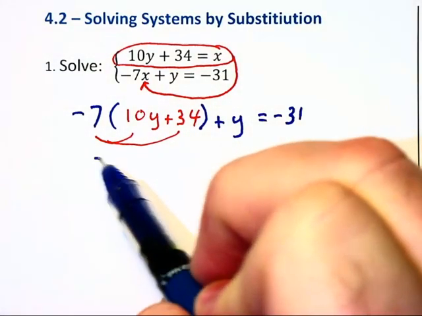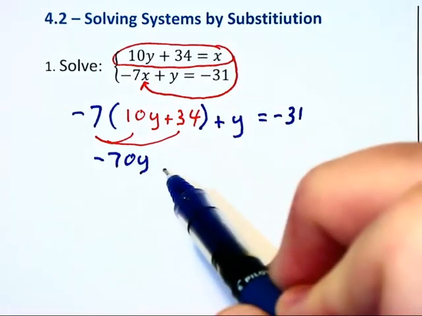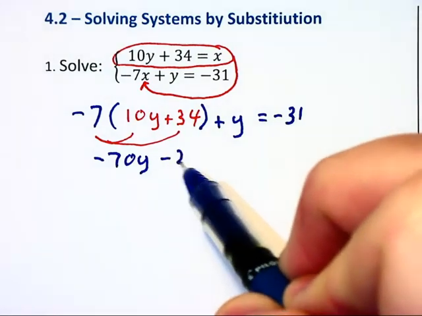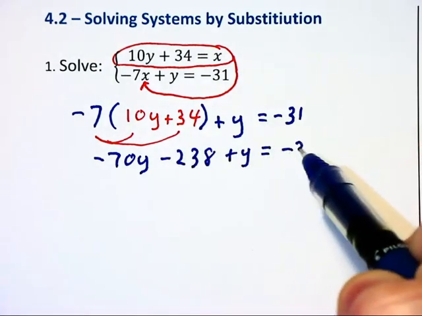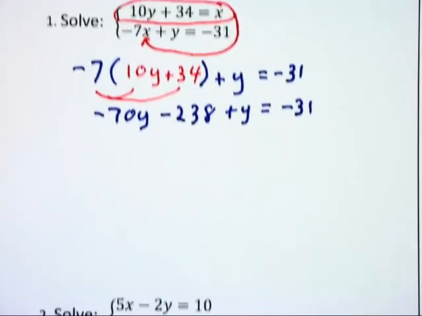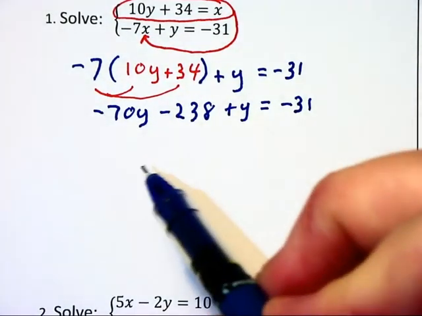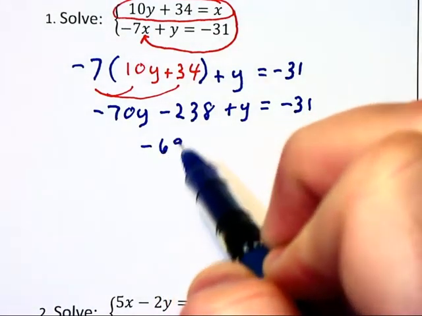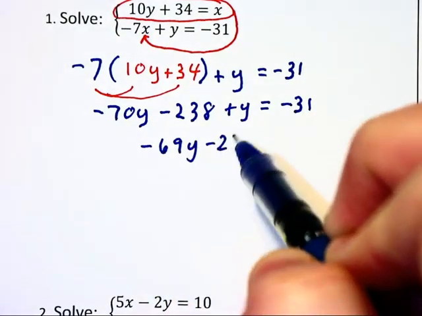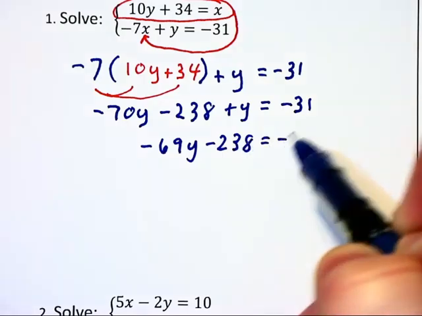First we distribute to get negative 70y minus 238 plus y is equal to negative 31. And then we will combine like terms. This will give us negative 69y minus 238 equals negative 31.